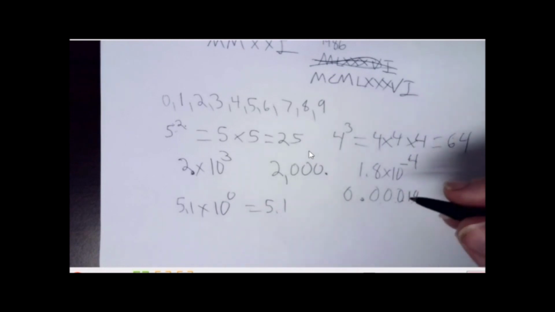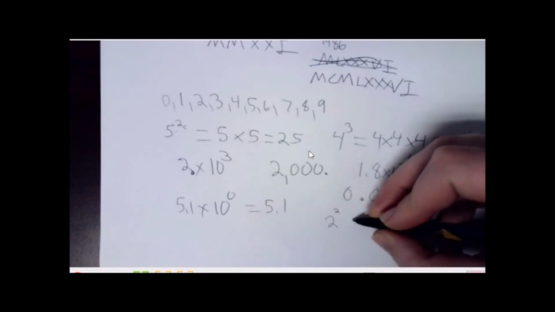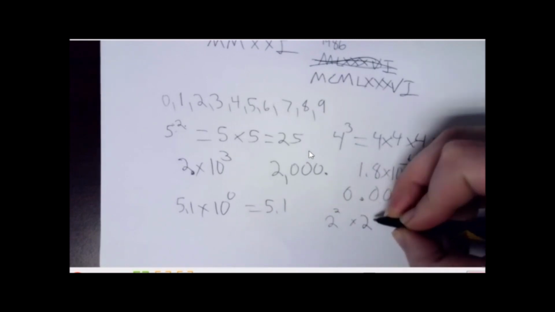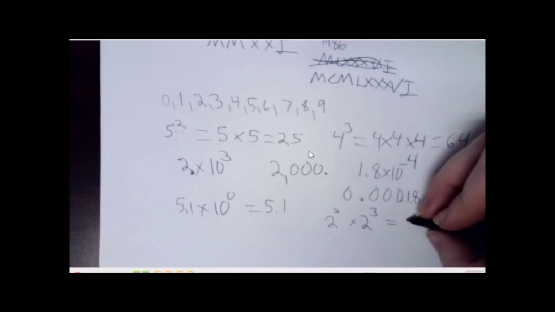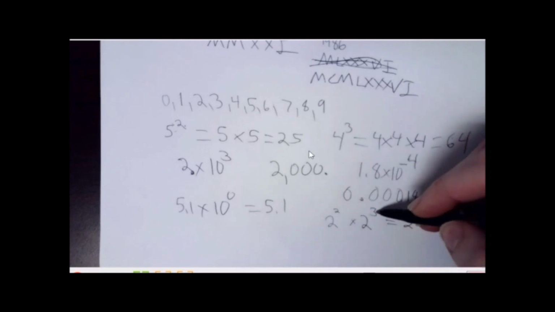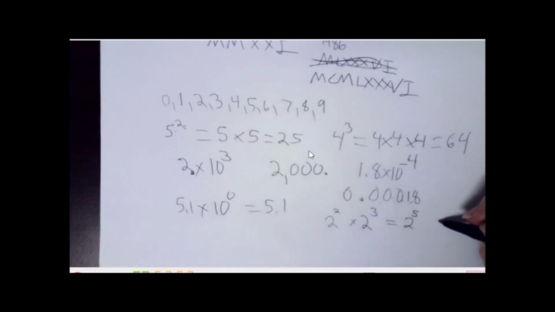And one final thing to note that will help with some math: when multiplying two numbers with exponents, we can add the exponents if the bases are the same. So if I had 2 squared times 2 cubed, the answer would be 2 to the 5th, because 2 plus 3 is 5.